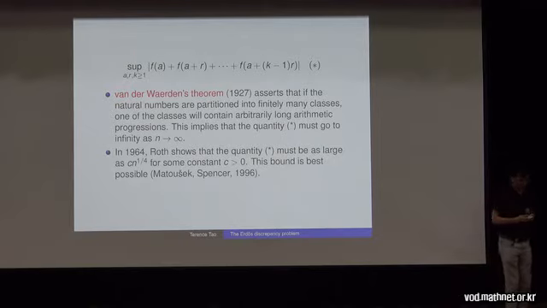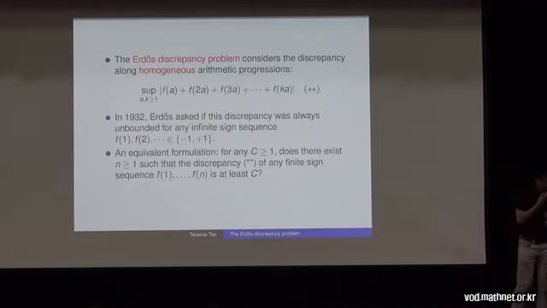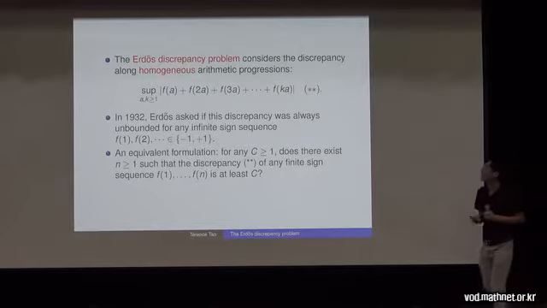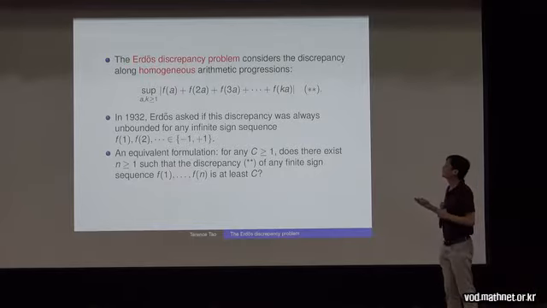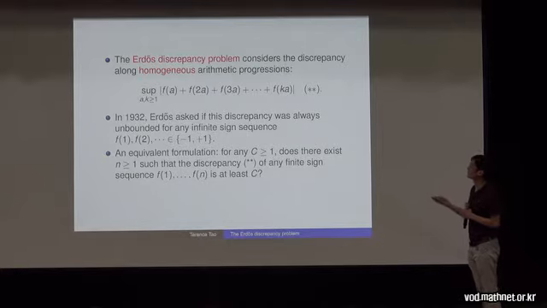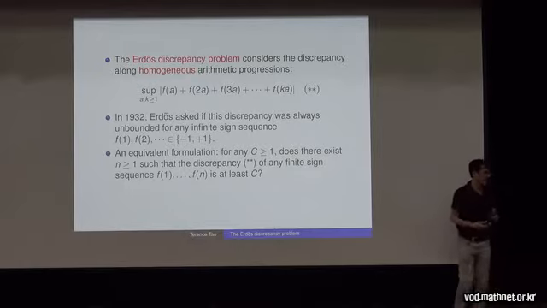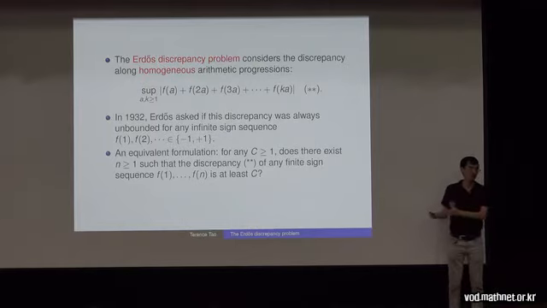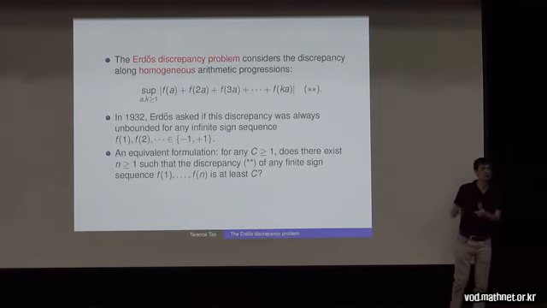So in the 30s, Paul Erdős asked, what happens if you consider an intermediate problem? Suppose you study sign patterns and you again measure discrepancy, but now you only consider what are called homogeneous arithmetic progressions. So progressions where the starting point, a, is the same as the step size. So like 10, 20, 30, 40 is a homogeneous arithmetic progression, but 11, 21, 31, 41, that's an arithmetic progression, but it's not a homogeneous arithmetic progression.